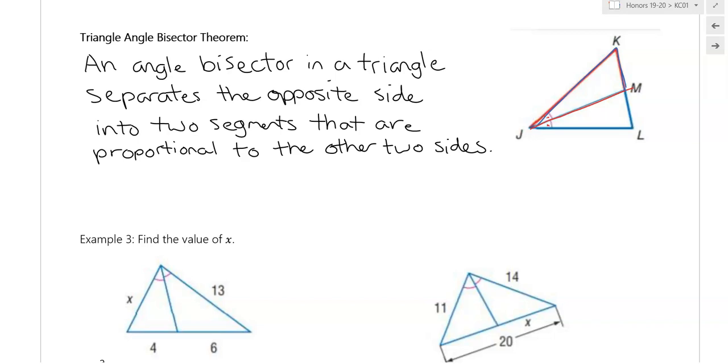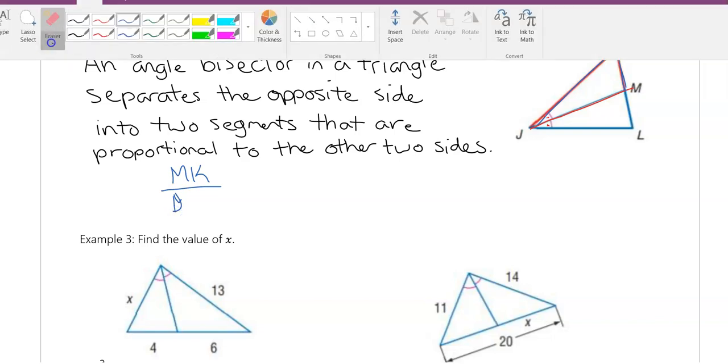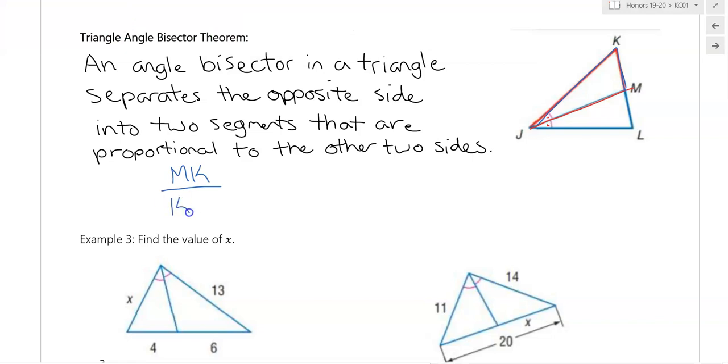So this is telling us the side M to K over the side K to J is going to be equal to, again, start here and go over and over, ML over LJ. So again, this is another way of knowing that when segments are proportional, we can set up that proportion.